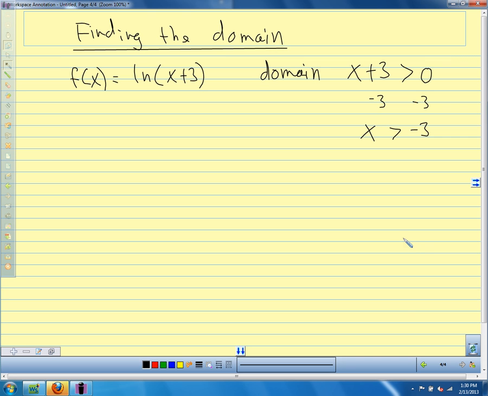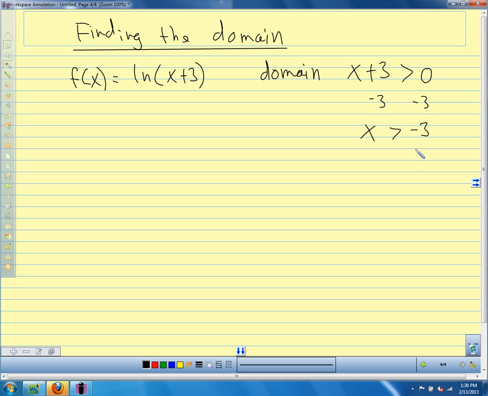So to find the domain of a logarithmic function, you're saying whatever's in the parentheses is greater than 0, and then you solve for x. The whole parentheses can't be negative. So if I plug in x equals negative 1 here, I would get 2, so natural log of 2.